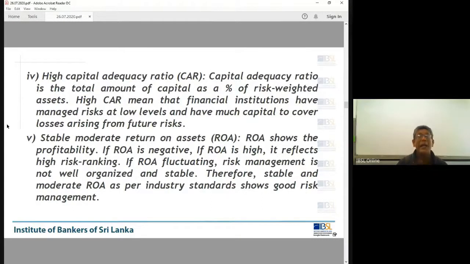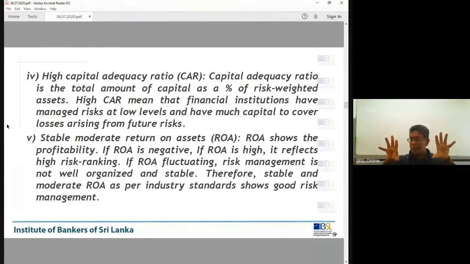Fourth one, high capital adequacy ratio. According to the central bank, you need to maintain a capital adequacy ratio. I think I told you earlier that Sri Lankan banks need to maintain a certain risk-weighted capital adequacy ratio, what you call CAR. The Sri Lankan banks are broadly categorized into two groups.